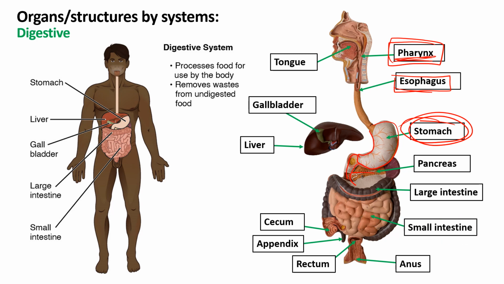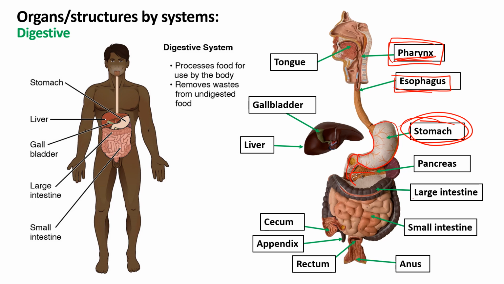Then we have the large intestine. Now, the names small and large don't refer to the length, because the small intestine is actually way longer than the large intestine. It's just that the large intestine is bigger in terms of diameter.